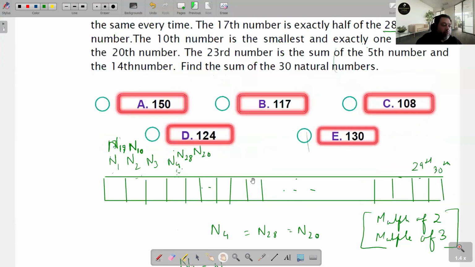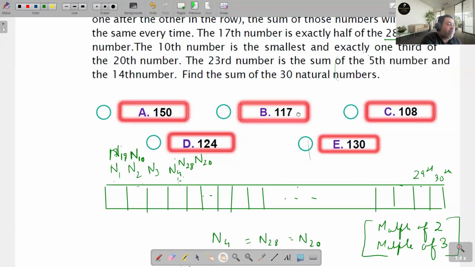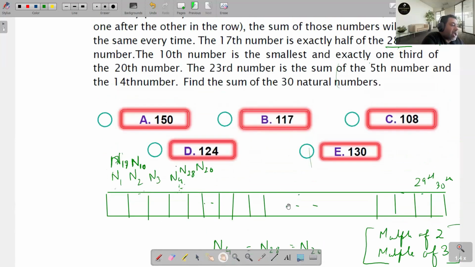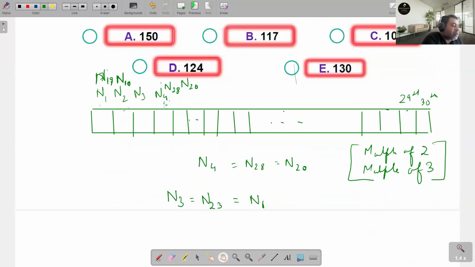Because when we divide by 4, both of them give a remainder of 3. It is the sum of the 5th number, which is equal to the first number, and the 14th number, which is also the second number. So N1 plus N2 is equal to N3.